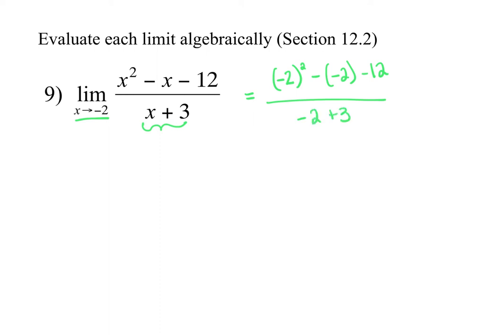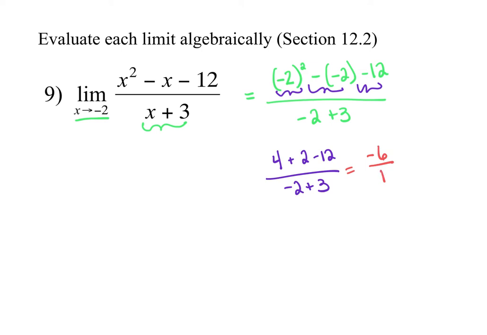And so I'm just going to simplify the numerator and the denominator. Negative 2 squared is positive 4, minus a negative 2, that's plus 2, and then we have our minus 12, and then we have negative 2 plus 3. 4 plus 2 minus 12 is negative 6.